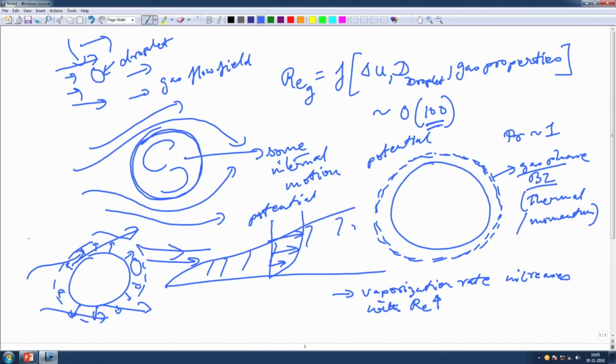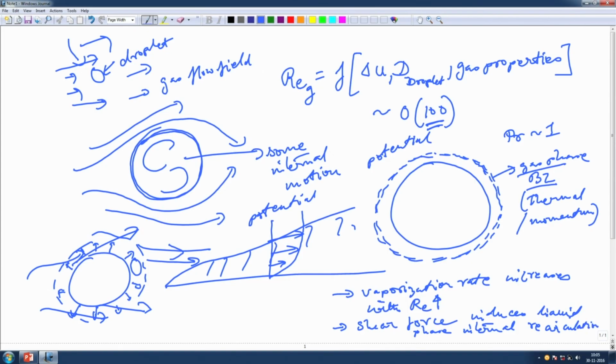So, that is one of the key important points. It increases. The other thing is that the shear force, which we already mentioned, induces liquid phase internal recirculation. Got it?